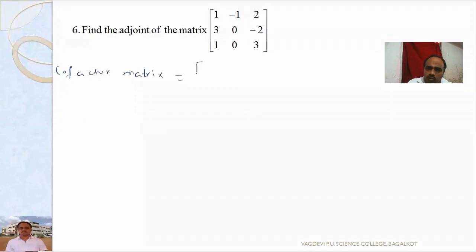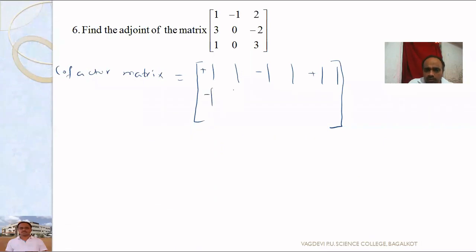I have told you how to construct the cofactor matrix. Put the matrix symbol, then write sign plus, a second order determinant, minus determinant, plus determinant. Determinant means minor, preceded by the sign plus or minus.